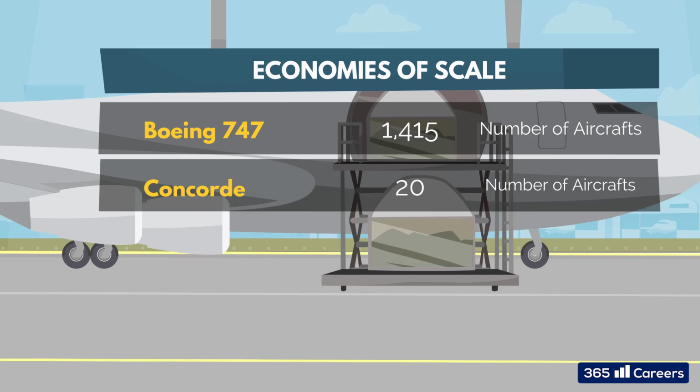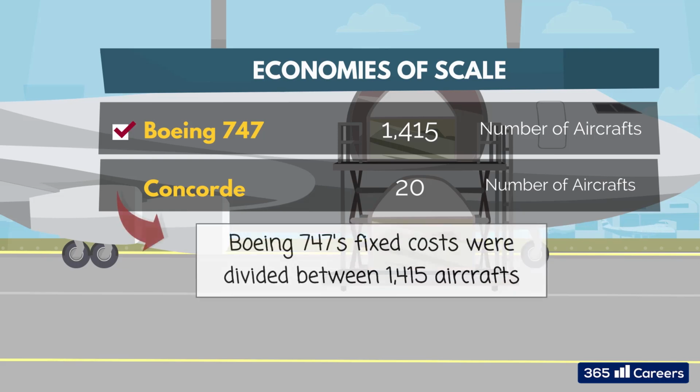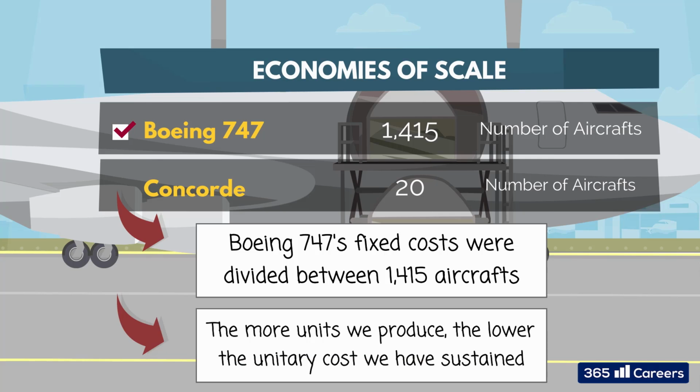Both required engineering teams who worked for years to design the two planes. However, in the first case, the cost was spread among 1,415 sales, and in the second among 20 planes. This is a very important concept. The more units we produce, the lower the unitary cost we have sustained.